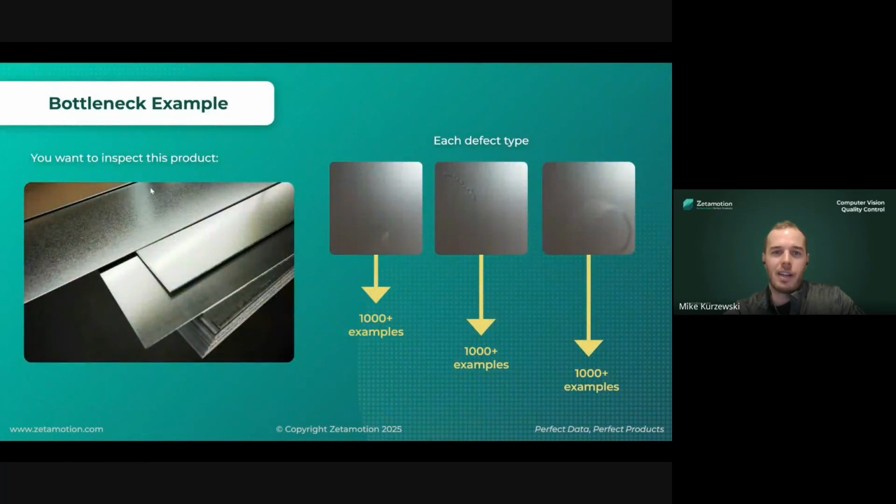To give an example of these bottlenecks, let's just take a simple product like sheet metal. You want to inspect this on your line. You have a number of defect types that you want to inspect. For each defect type, you have to collect samples. You have to document samples of those defects, and you have to use those to train your AI model.